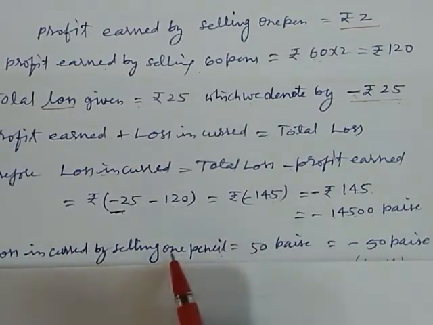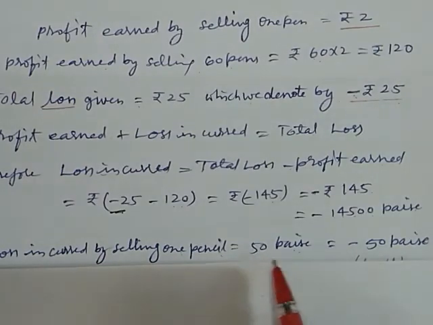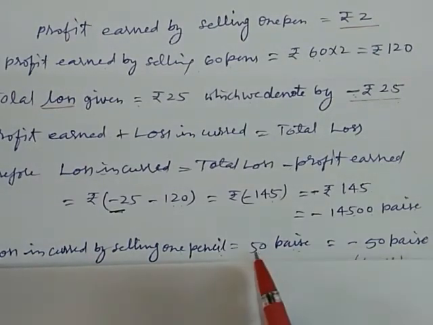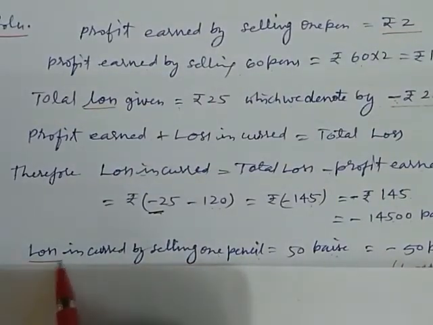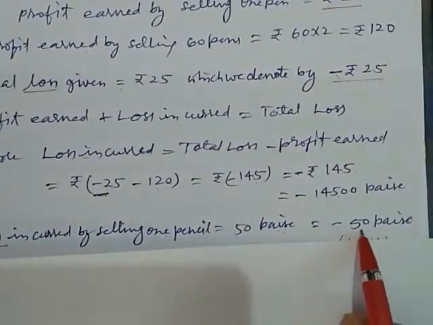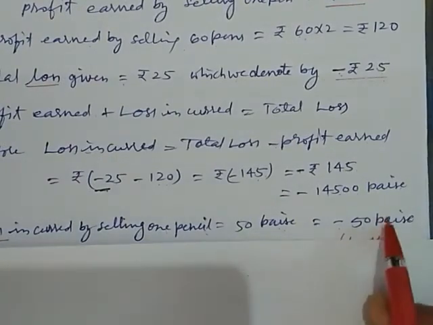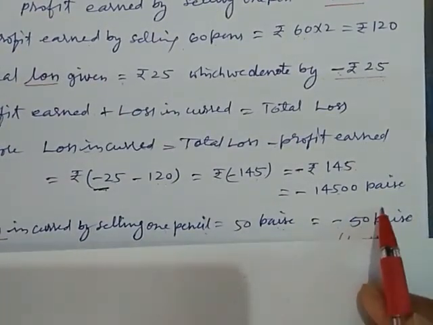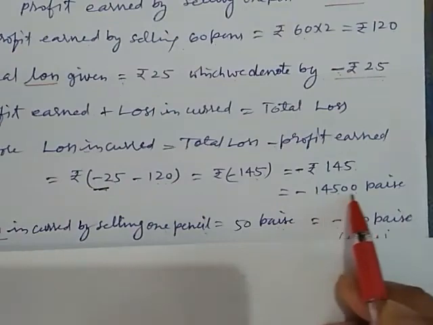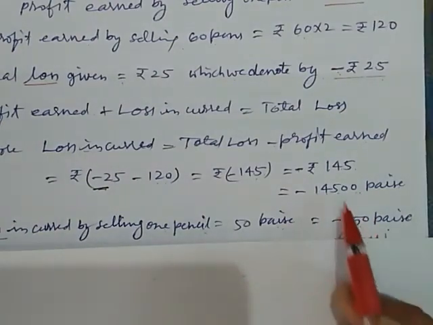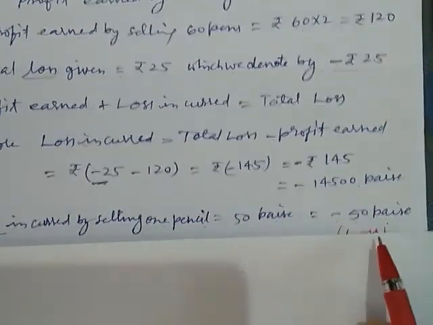In selling one pencil, he has a loss of 50 paisa. So put negative because it is loss. Due to loss, we put a negative sign here, 50 paisa. This is the loss of one pencil, and we have the total loss as this.